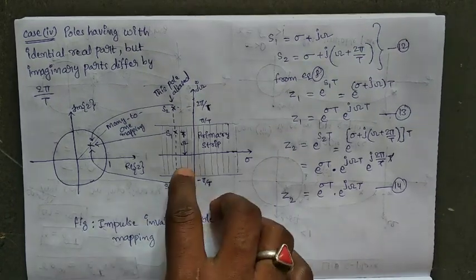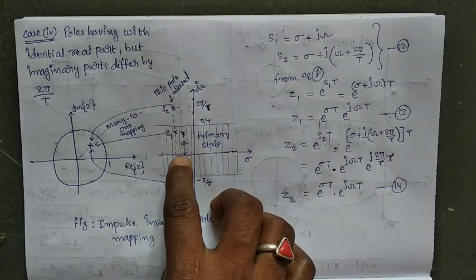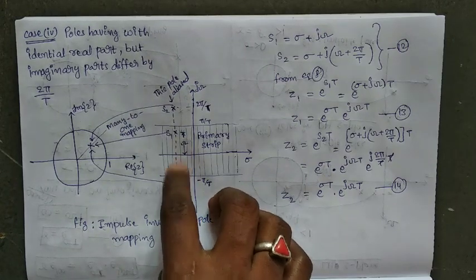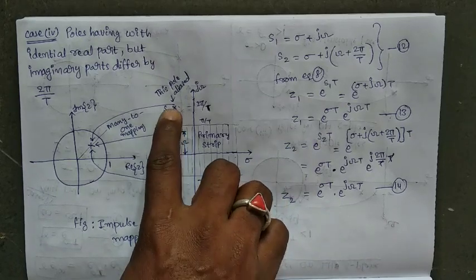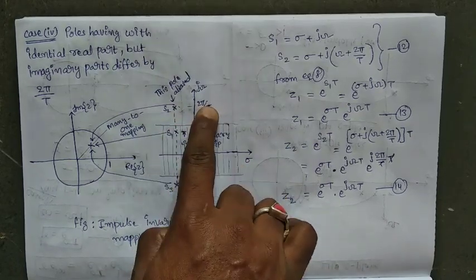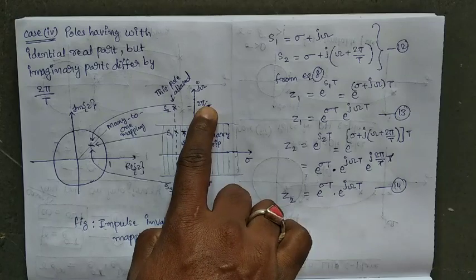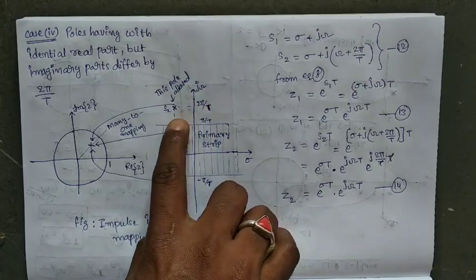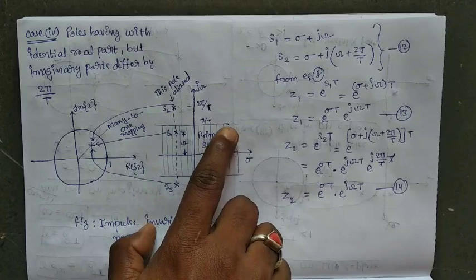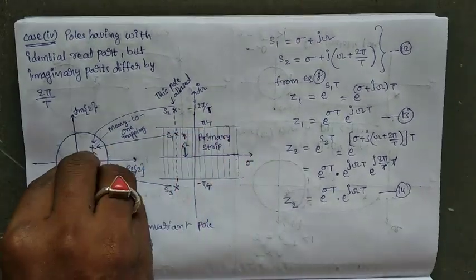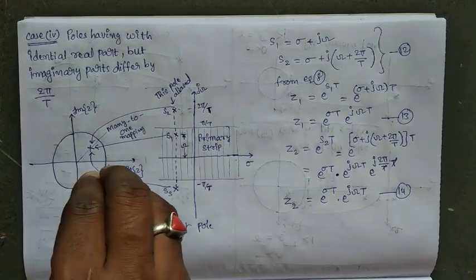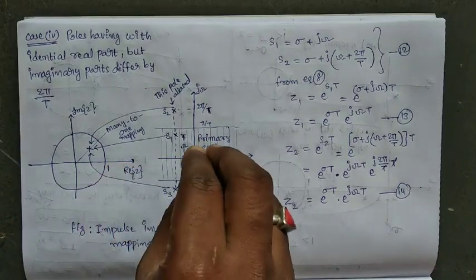Here the poles have the same real part but differ by the imaginary part, which differs by 2 pi by T. In the previous cases we mapped poles from the S plane to the Z plane.